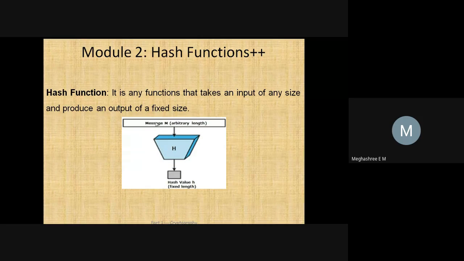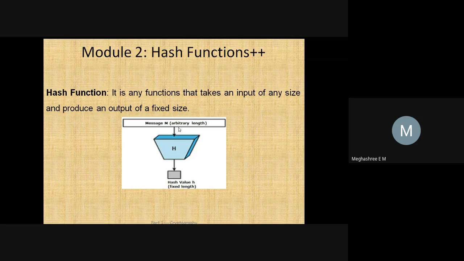Okay, you can see in this picture, this is a hash function where you're going to perform some calculation. To this function, I'm feeding a message or data or text which is of arbitrary length. The size can be any length. When you feed this message to this hash function, it generates an output that we call a hash value, and usually we represent it with the letter H. This output will be of fixed size or fixed length.